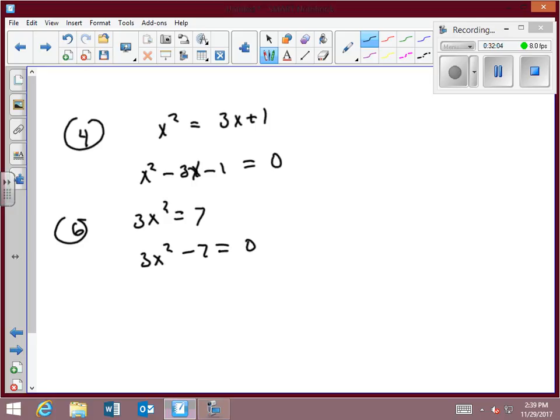Can it have 1 term? What would happen if you had x squared equals 0? You could have that, couldn't it? So it can have 3, 2, or 1, but it has to have which term? The squared term, right? It has to have that squared term.